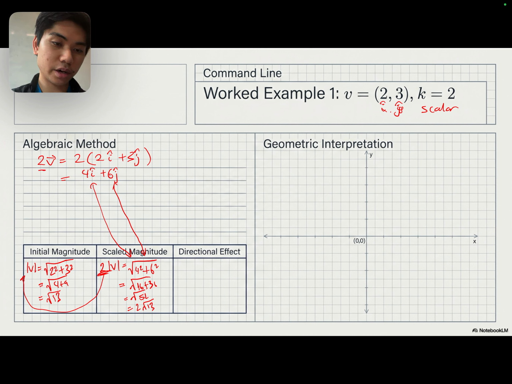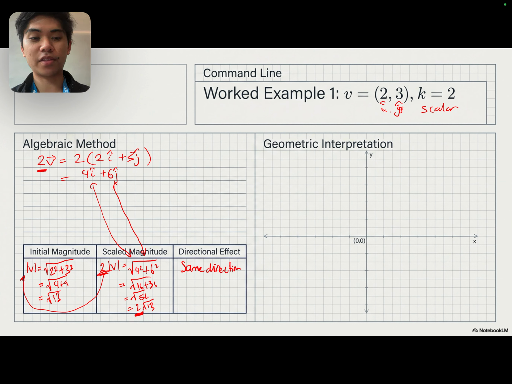And so our magnitude is also going to be scaled by 2. Now in terms of the directional effect, it's going to be in the same direction, just longer, right? And the reason for that is because our k scalar value is greater than 0, or in other words, it's positive.